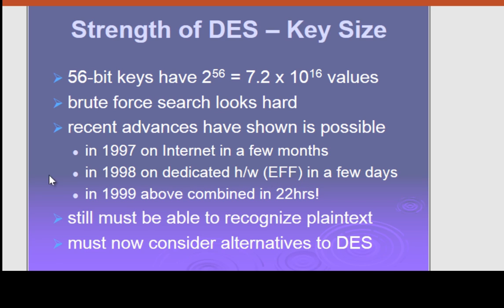In 1999, both combined succeeded in 22 hours. So both the internet and dedicated hardware succeeded within 24 hours, but the attacker must still be able to recognize the plain text.